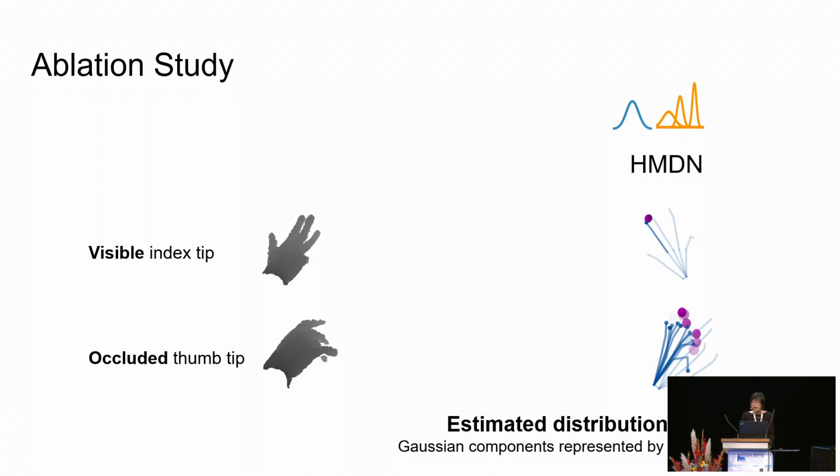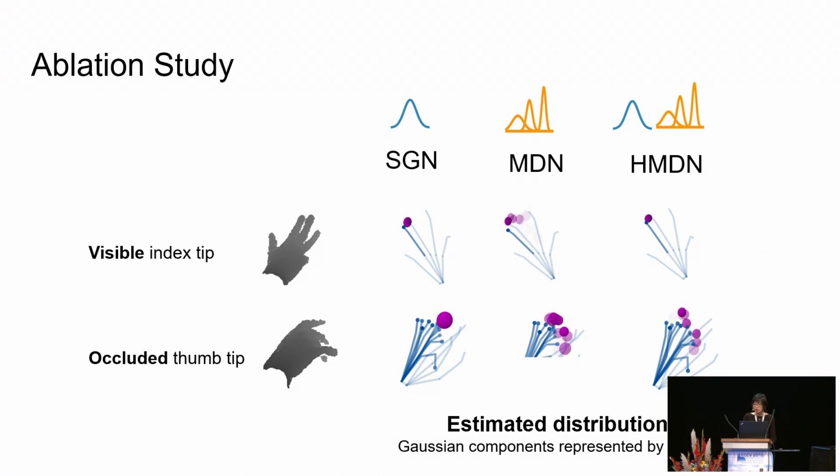Here we show the estimated distribution of HMDN. One sphere represents a Gaussian component. The center is the mean of the Gaussian, and the radius is the standard deviation of the Gaussian component. We construct 2 variants. SGN models both the visible and occluded joint locations using a single Gaussian component, while MDN uses multiple Gaussian components.